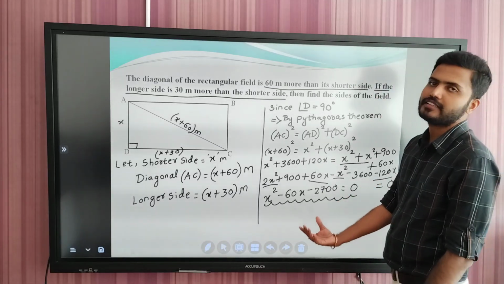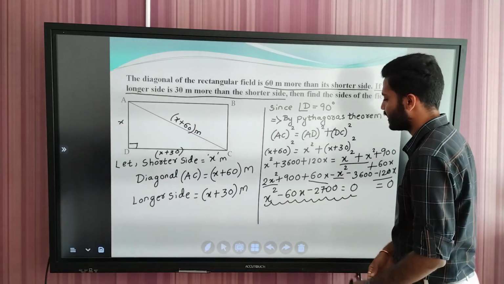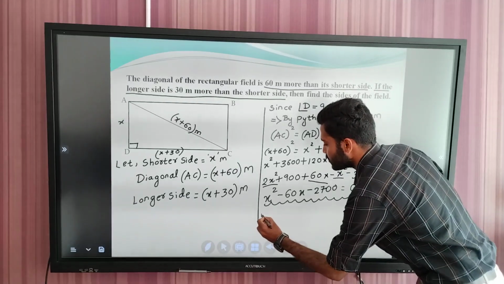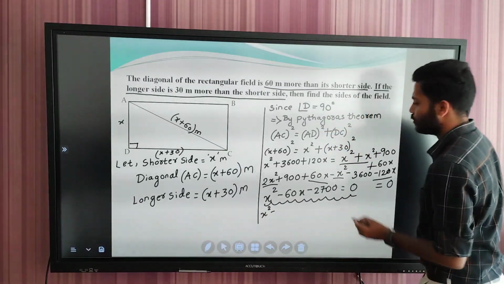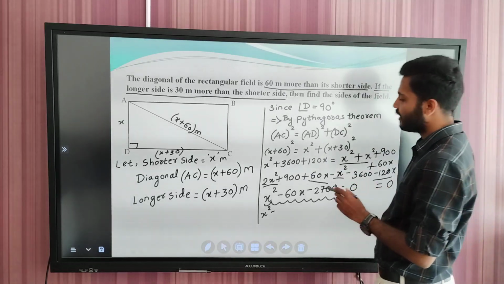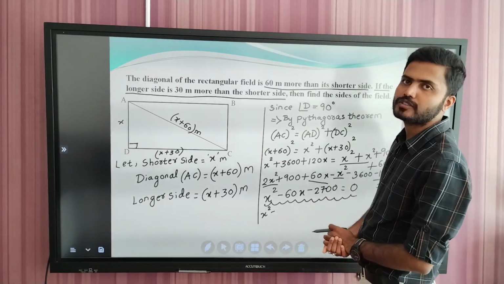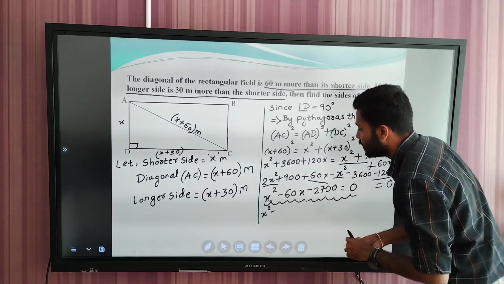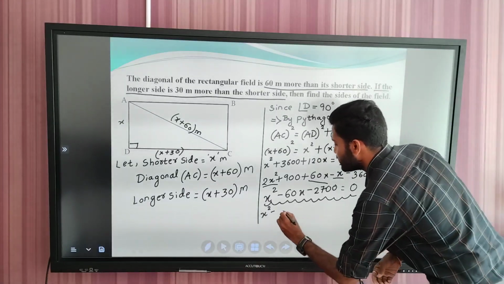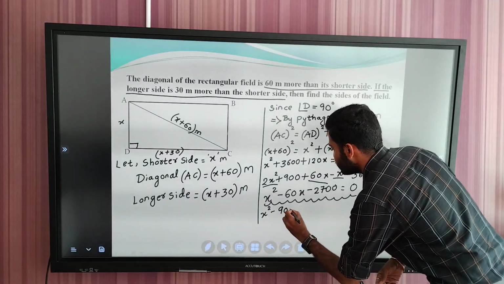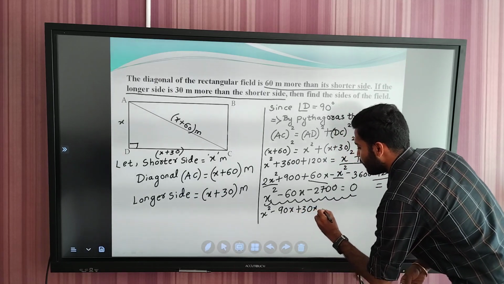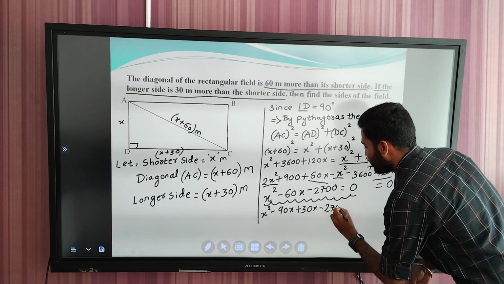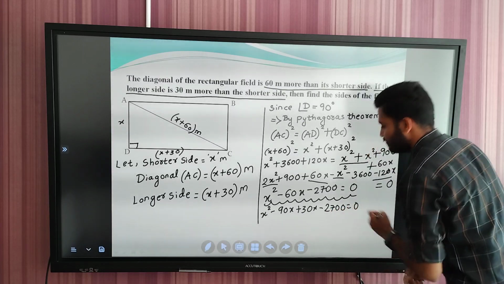Correct? So now if you simplify this, you will be getting the answer. So how are we going to do this? So x square, then, if you multiply, you should get 2700, and if you add or subtract, you should get 60x. Correct? So x square minus 90x plus 30x minus 2700 is equal to 0.